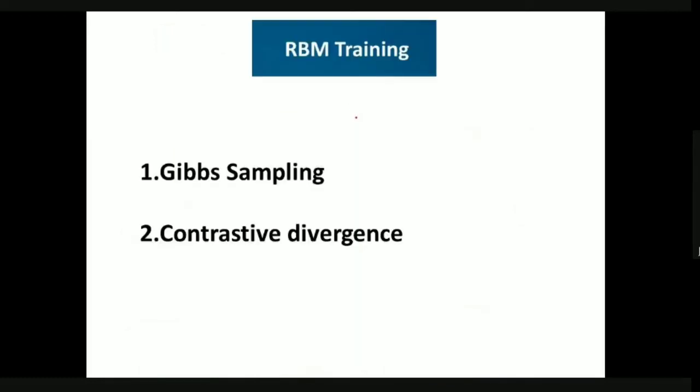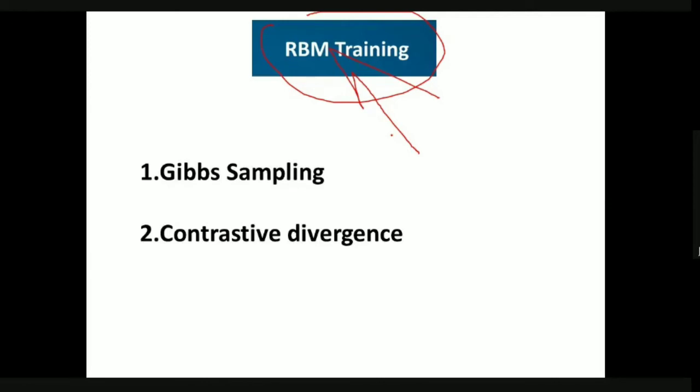Now coming to the training of the restricted Boltzmann machine. Let us see how training happens in restricted Boltzmann machines. The training actually differs from the training of regular neural networks. Here, training in the restricted Boltzmann machine happens through stochastic gradient descent. If you remember, in our previous session we discussed the stochastic dynamics of a Boltzmann machine, right?